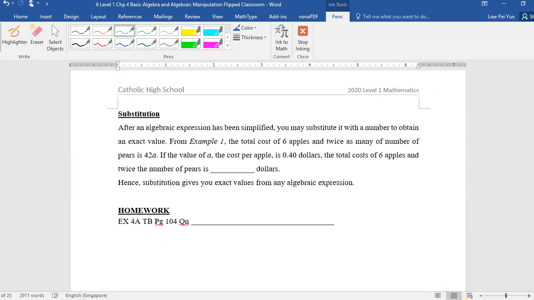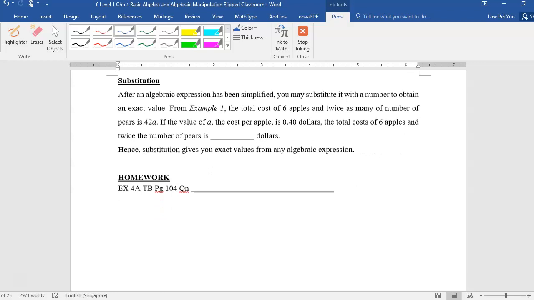And we have this last part where we can substitute in values so that we can find the actual price of the sum of the fruits. So after an algebraic expression has been simplified, you may substitute it with a number to obtain an exact value.